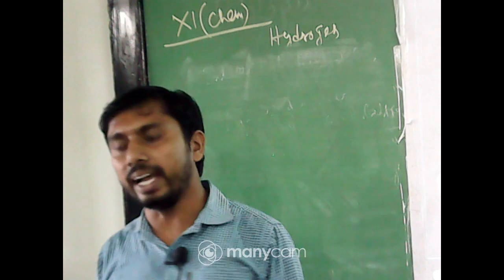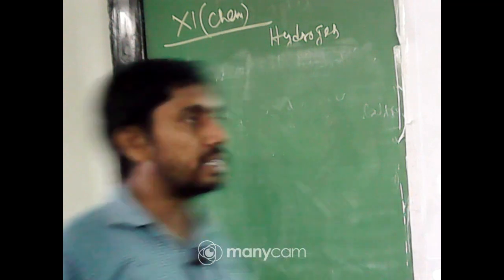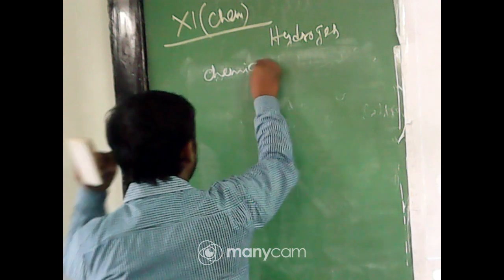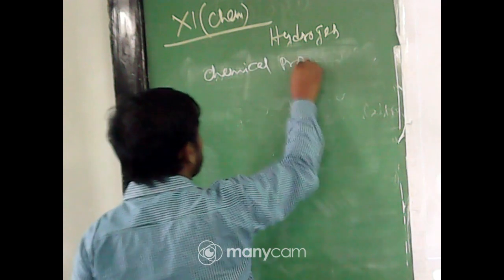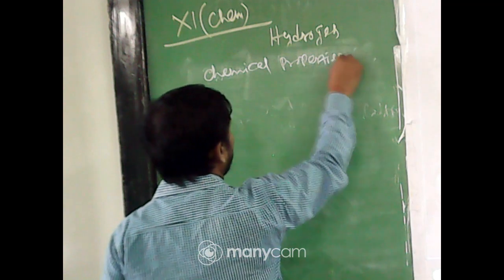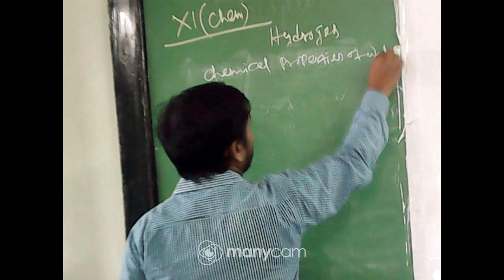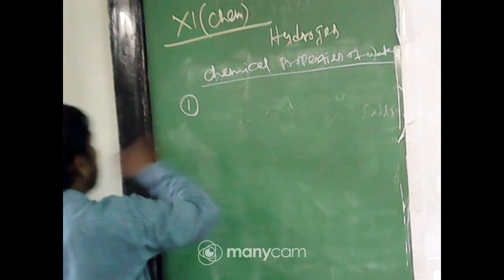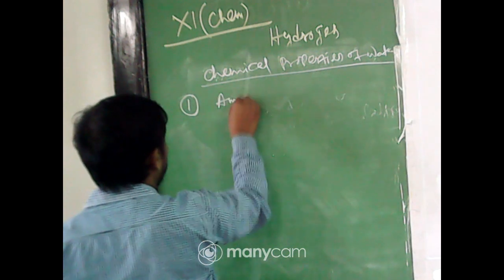Now after that it comes to the next point, that is chemical properties of water. One is amphoteric behavior.